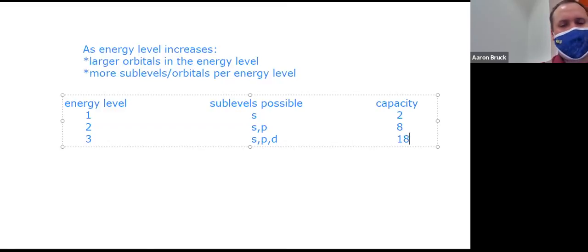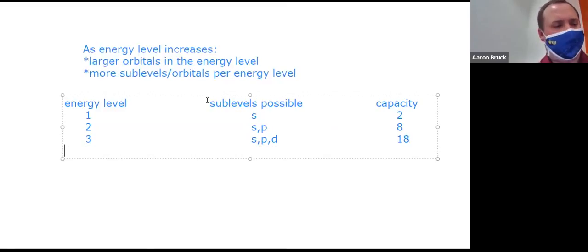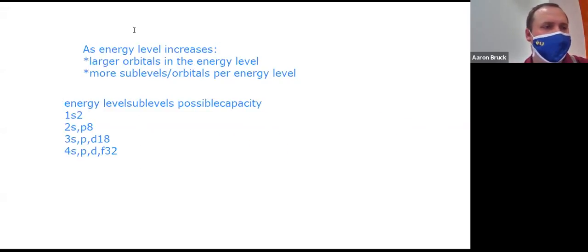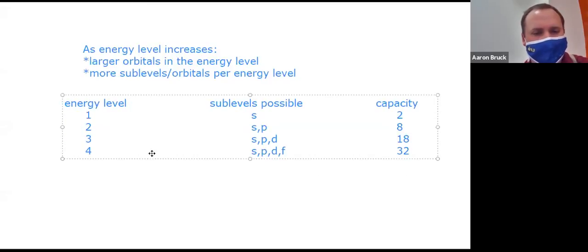That makes the capacity of the third energy level 18 electrons. The fourth energy level can hold all 4 sublevels, and as a result, it has a capacity of 32 electrons.